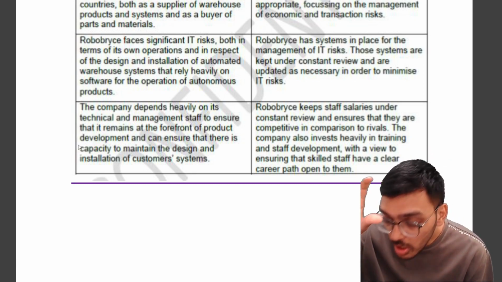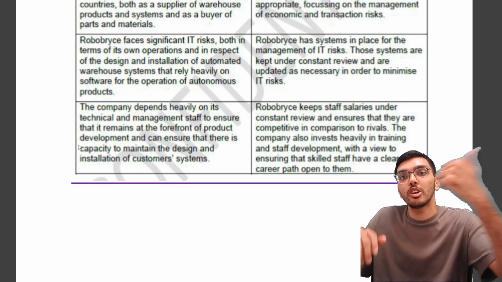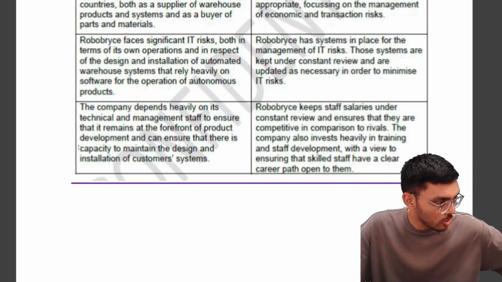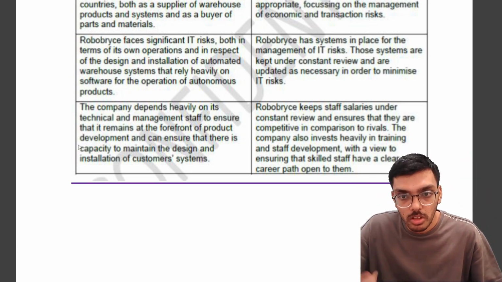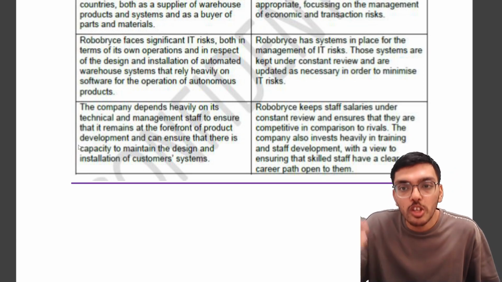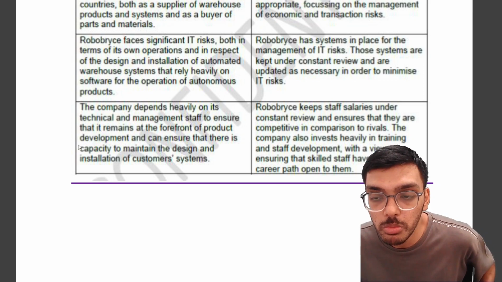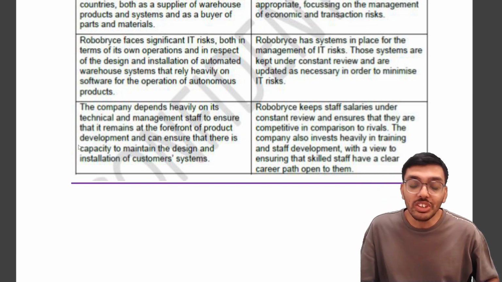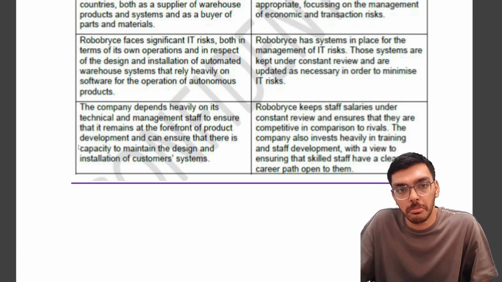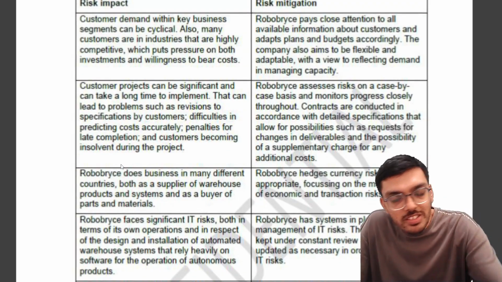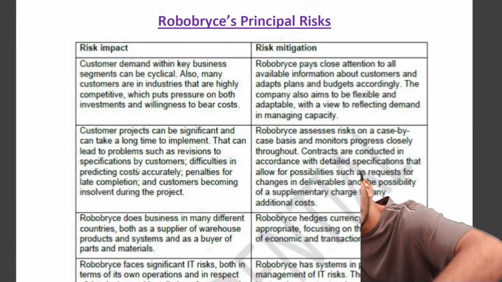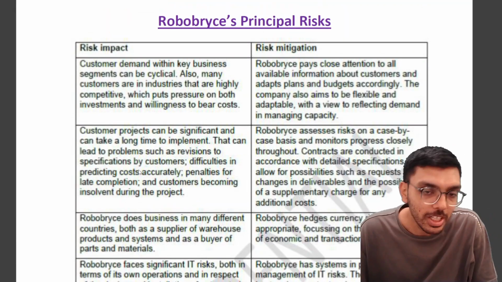So, key situation is, let's say your CEO leaves, your COO is leaving. This can happen in a business, right? So what we are doing is we are keeping staff salaries under constant review. The company also invests heavily in training and staff development. So major risks have been mentioned here and mitigation of those risks has also been mentioned.